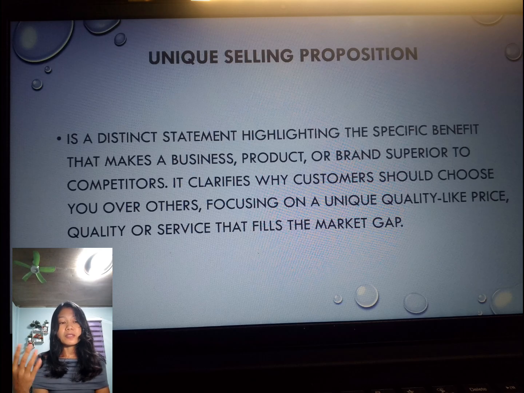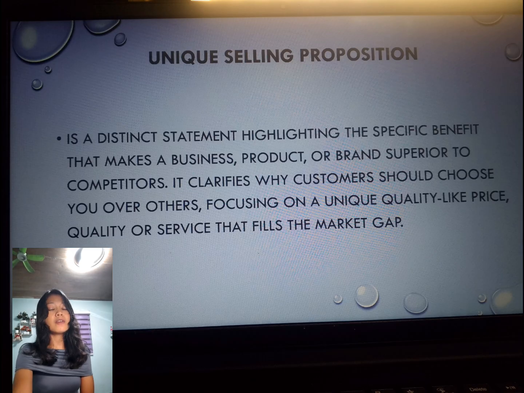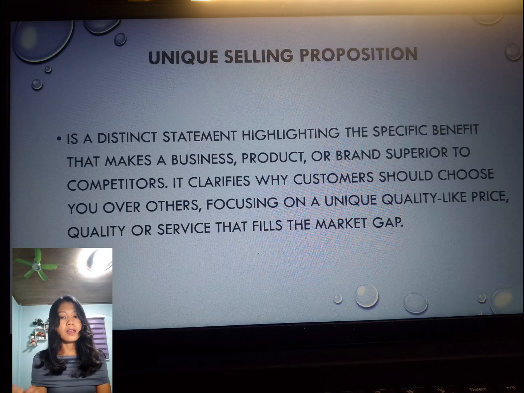So about the pricing, or how are you going to price your product and services, or does your product provide or promote filling the market gap, or meet the needs of the market or the local. So I hope you understood.